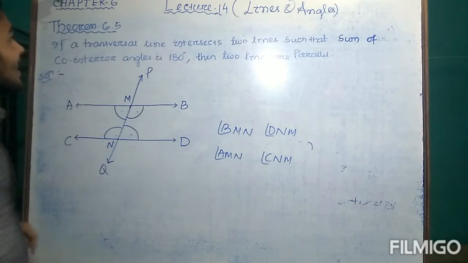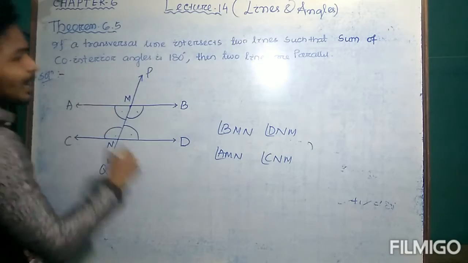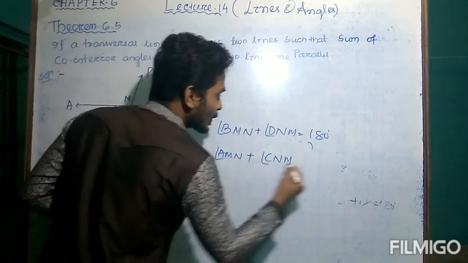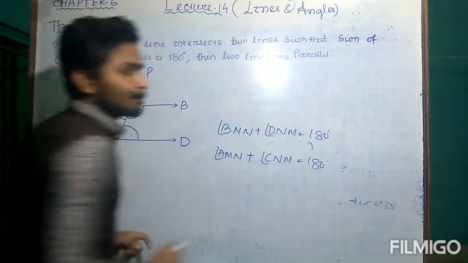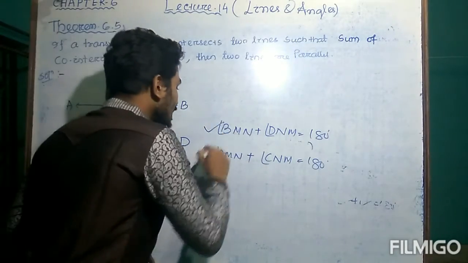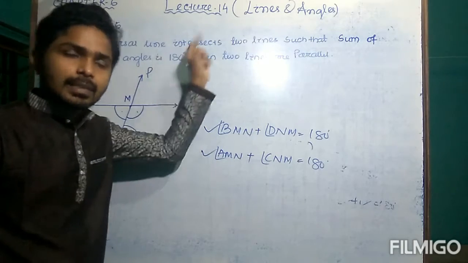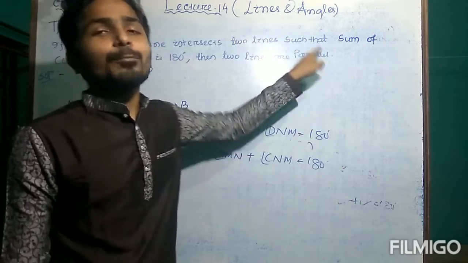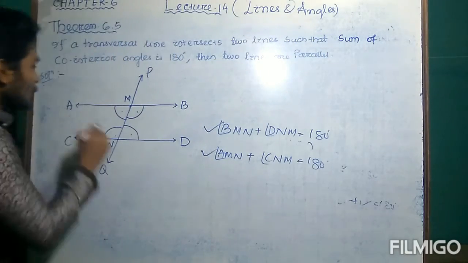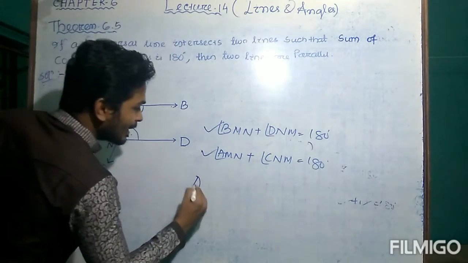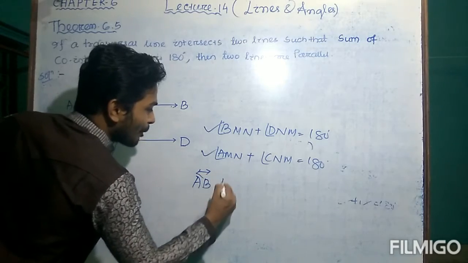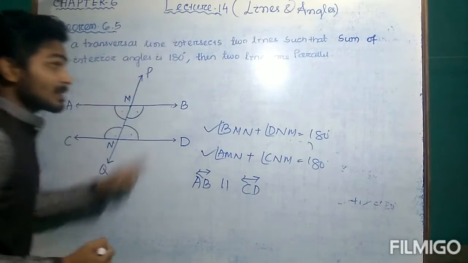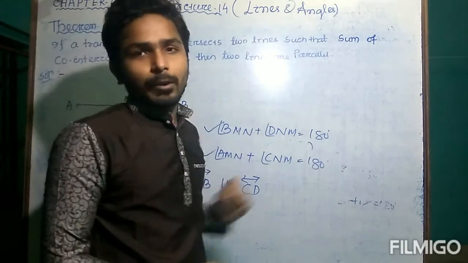And according to the statement, the sum of such co-interior angles is equal to 180 degrees, and these two are added to give also 180 degrees. Okay, this is the condition that has already been given in the statement. Now you have to prove that the two lines are parallel. So now we have to prove the line AB is parallel to the line CD. Okay, so this is theorem number 6.5.